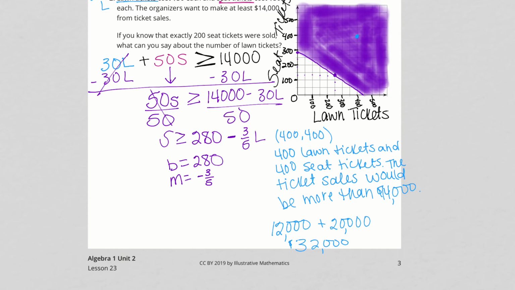We had 200 seat tickets. So if we plug it in, we'll have 30L plus 50 times 200 is greater than or equal to 14,000. Okay, what is 5 times 2? 10. We drop down our 3 zeros.